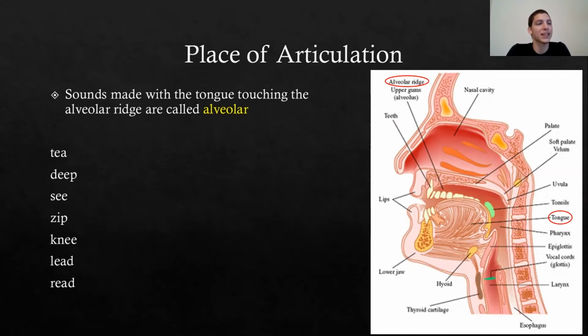I wouldn't say that most sounds are made at the alveolar ridge, but of any single place of articulation, the alveolar ridge is the one that has the most sounds. So in T, D, C, zip, knee, lead, and read, your tongue is touching or near the alveolar ridge in the production of all of these sounds.